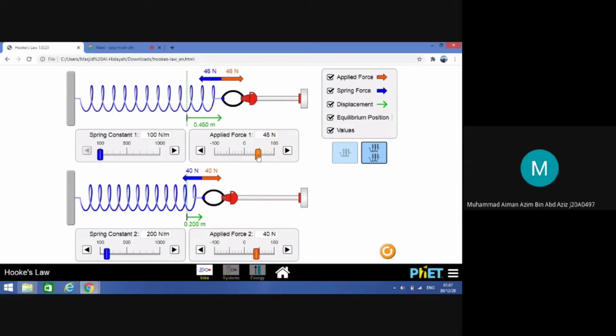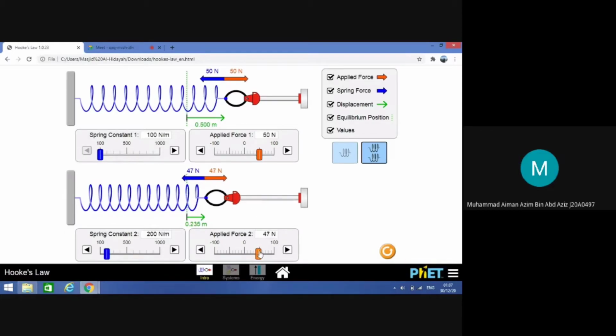And we put 50 Newton force next, and then the 100 Newton per meter spring constant will get 0.500 meter displacement, and the 200 Newton per meter spring constant will get 0.250 meter displacement.